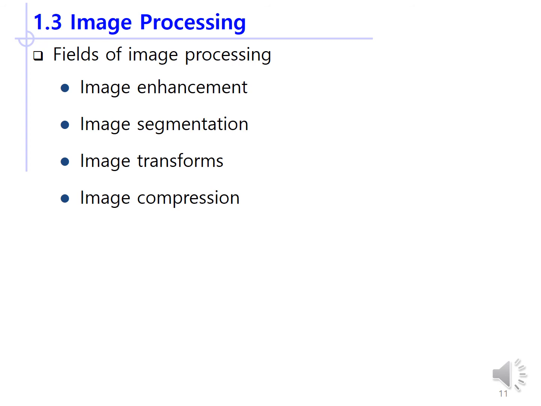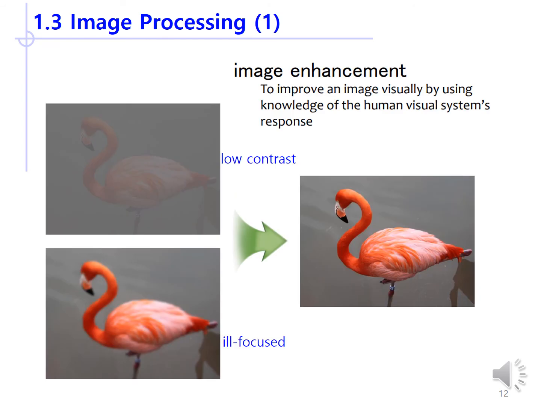There are four fields of image processing. One is image enhancement. The second is image segmentation. Third is image transform. Fourth is image compression. This slide shows the first application area of image processing. It is image enhancement.